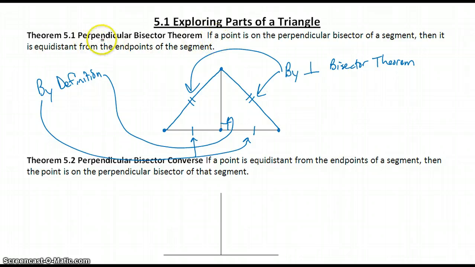Now, the perpendicular bisector theorem says that any point on the perpendicular bisector is equidistant from the endpoints of the segment. So if I move this point down, these two segments are congruent.